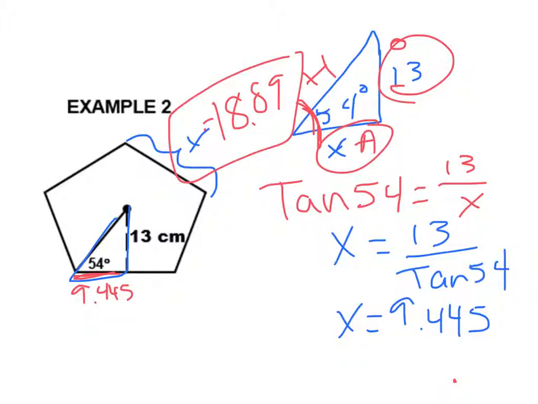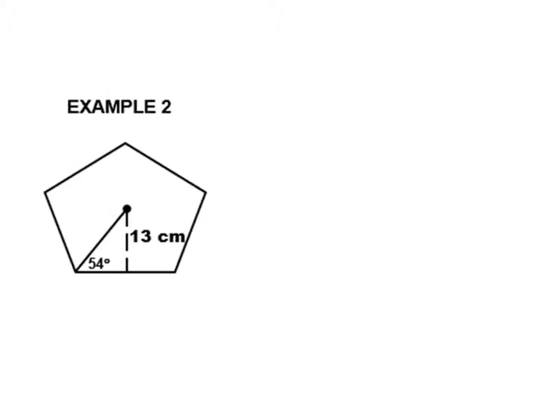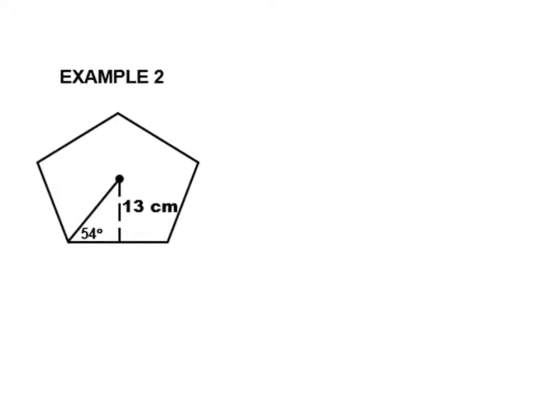So let's go ahead and pull up another screen so we can find the area of this regular polygon. All right, we said the side is 18.89. Our apothem is 13. Our perimeter we have to find. The whole side is 18.89. Then we multiply by 5 because we have 5 sides.